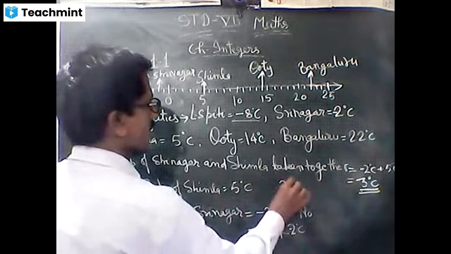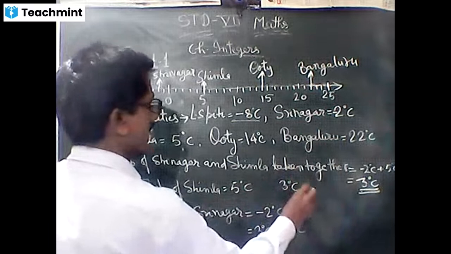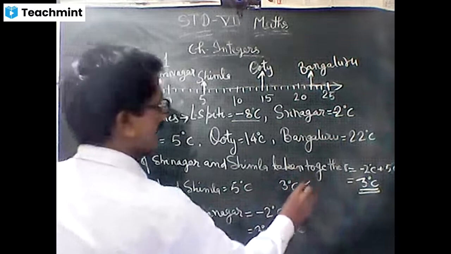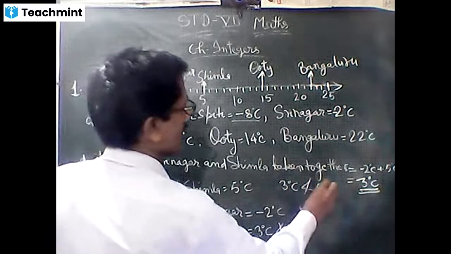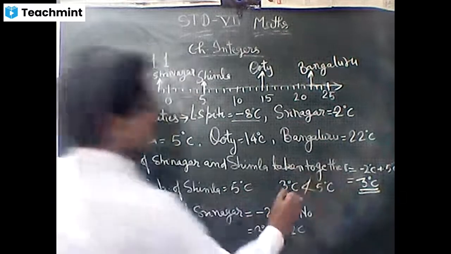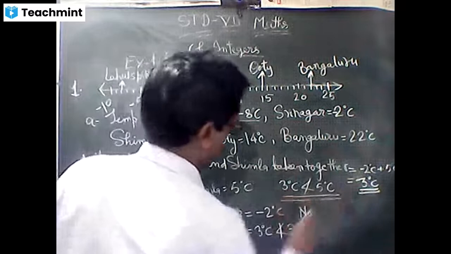कि 3 डिग्री सेंटीग्रेड टेम्परेचर इज नॉट लेस देन 5 degree centigrade. Yes. So both we can write in the same way.